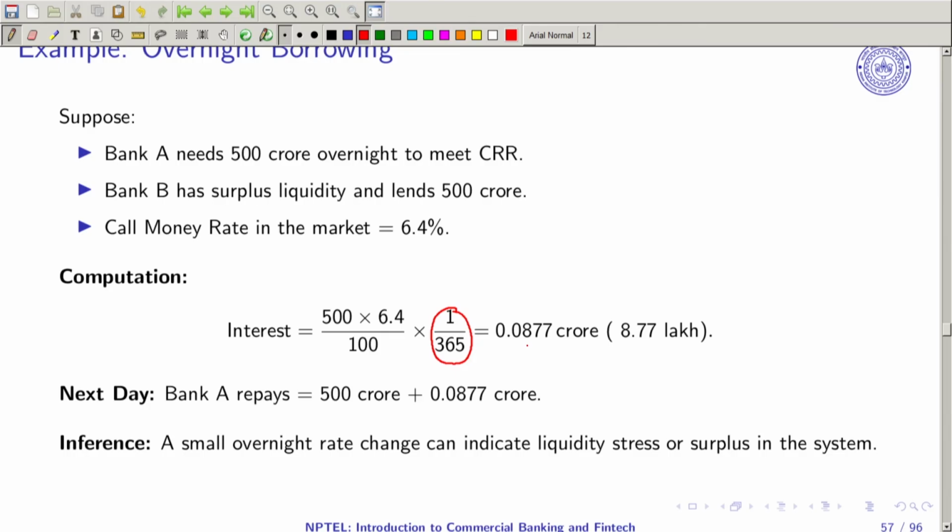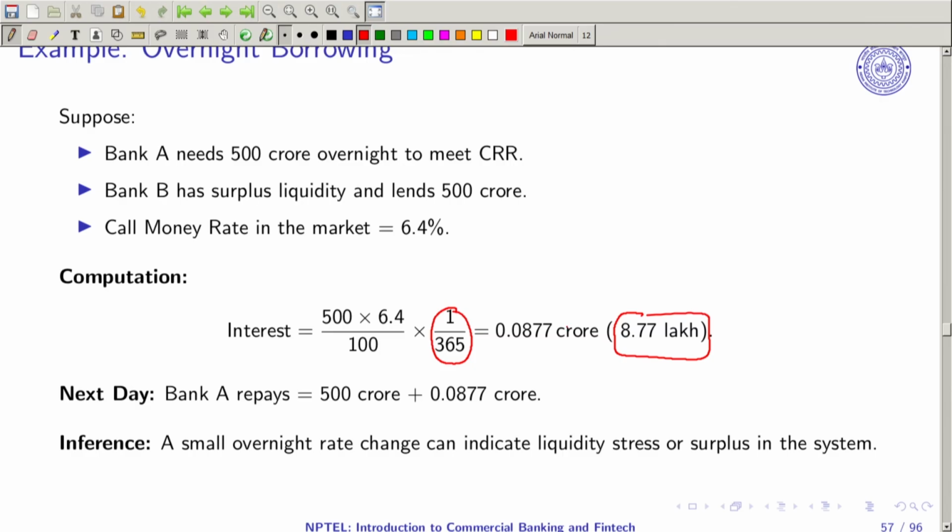So how much are we getting? On 500 crore, how much in one night will bank A, which has borrowed, be paying to bank B? 8.77 lakhs, right. So bank A repays how much? 500 crore plus 0.0877 crore, and this is how we have it, right.